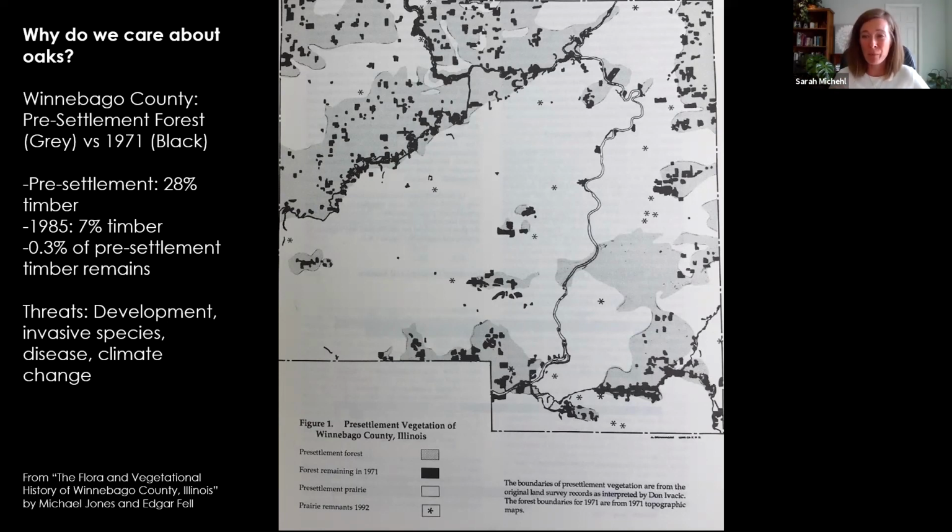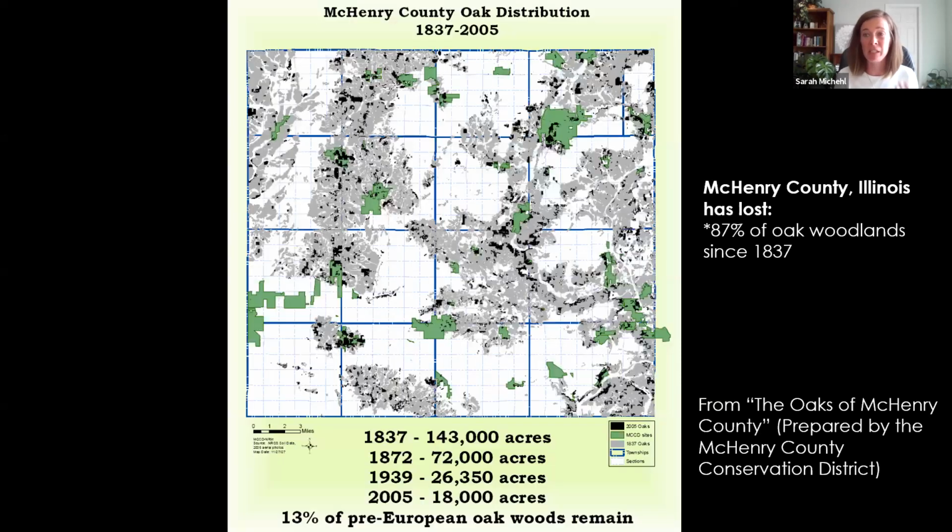What's left in Winnebago County of your pre-settlement oak woodland is 0.3%. So one reason we care is we've lost so much. And it's the same situation here in McHenry County as well. We've lost about 87% of our oak woodlands since settlement. Okay, so 13% of our oak woods remain. And you could see from this map, the light gray, that's the pre-settlement oak woods.